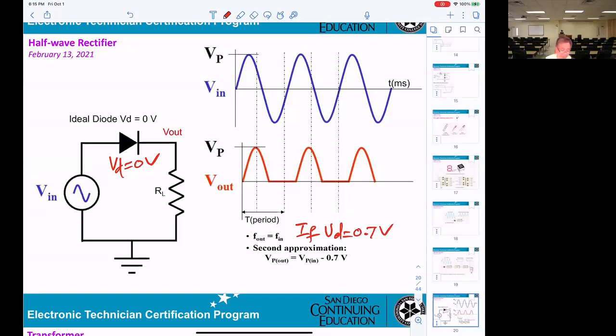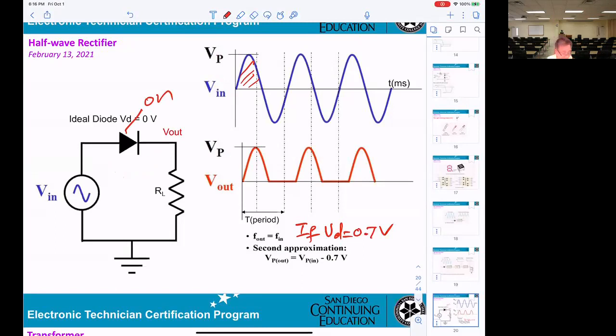Okay. If VD equals 0.7 volt, so when you get the positive, the diode will be on, right?